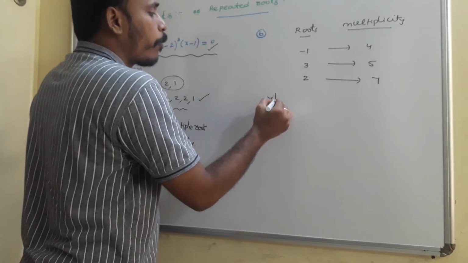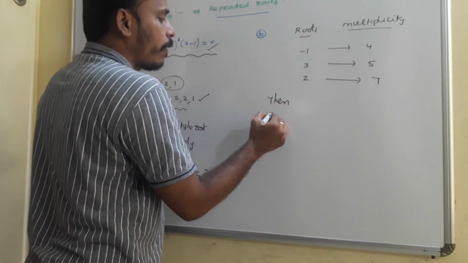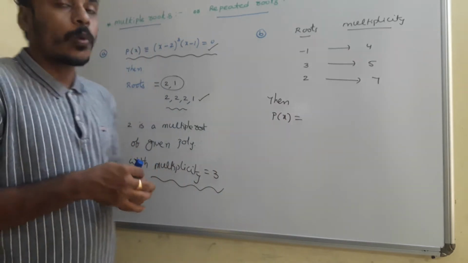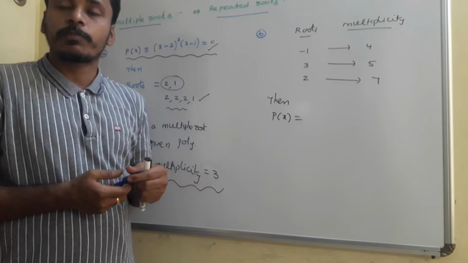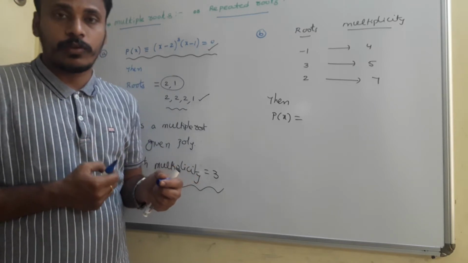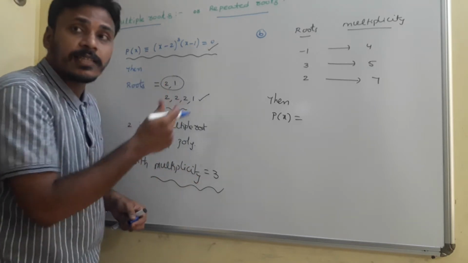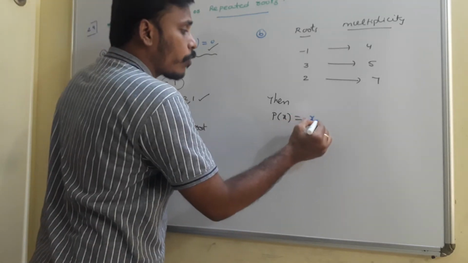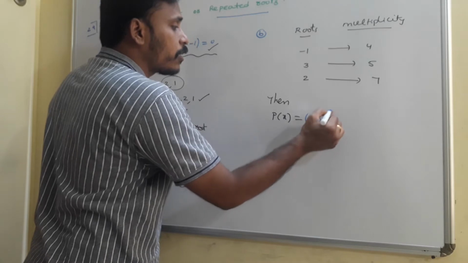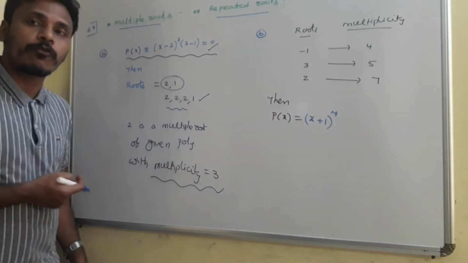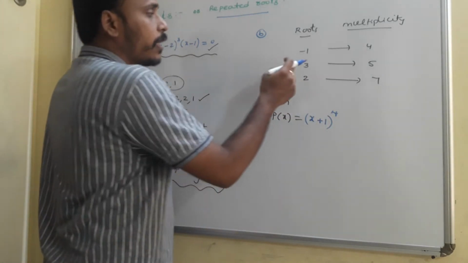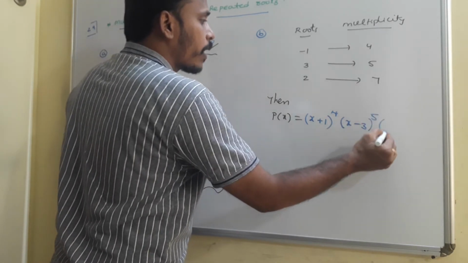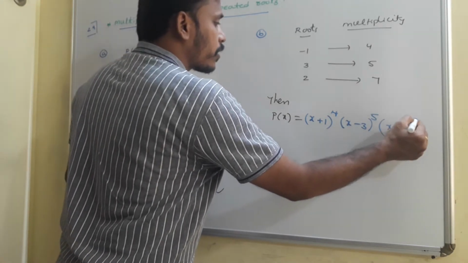Then the polynomial may be of this format. p of x equals, since minus 1 is a root, the factor corresponding to it is x plus 1. We know it, okay? And they are mentioning that the multiplicity is 4, so (x plus 1) whole power 4 is one of the factors. In the same way, (x minus 3) with multiplicity 5, (x minus 2) with multiplicity 7.